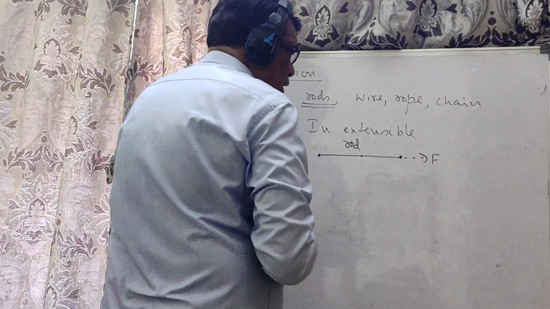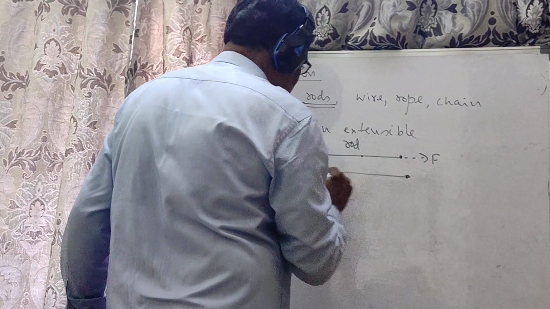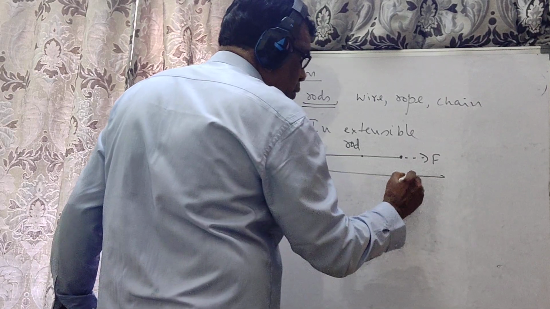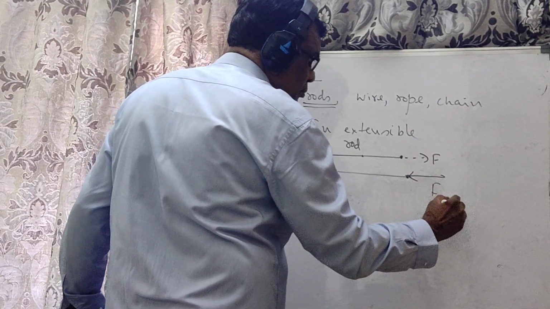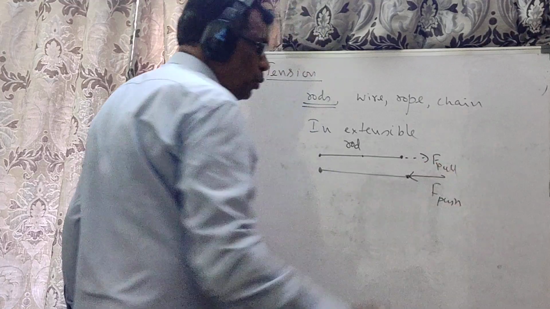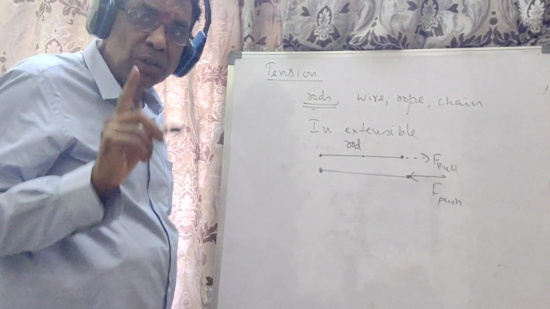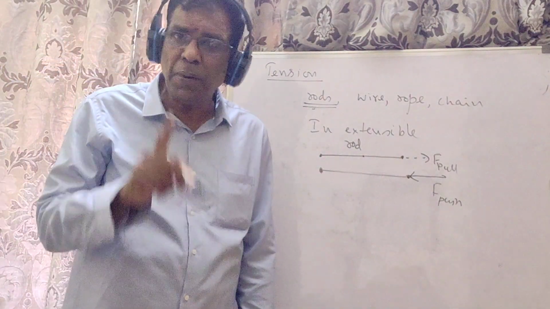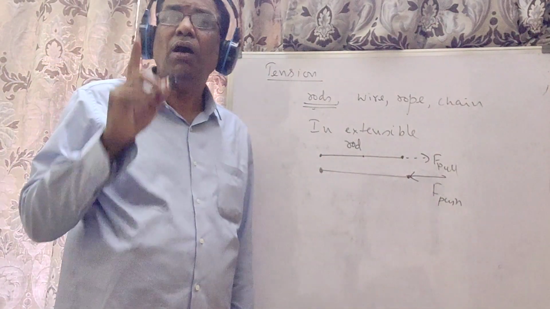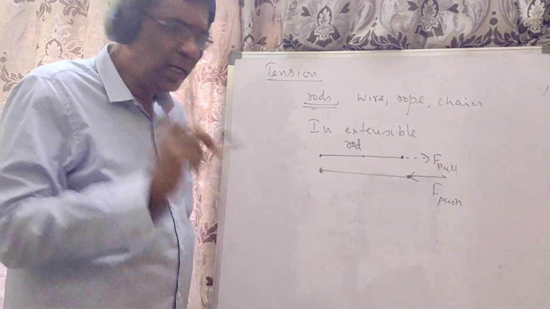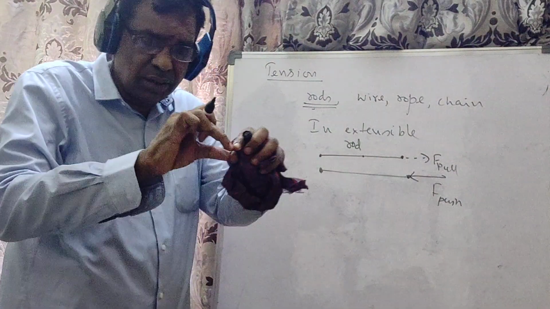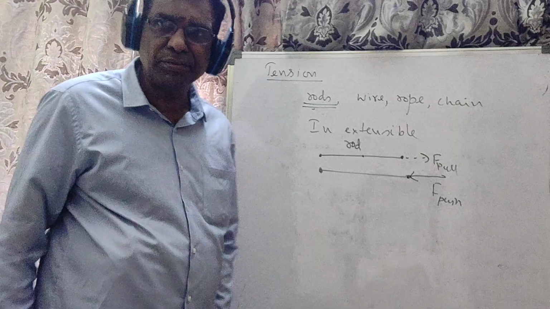Or if I remove this, I can push the body. This is pulling the body. Remember, I am talking of a rod. So, tension can be a pulling force or a pushing force as far as rigid rods are concerned.